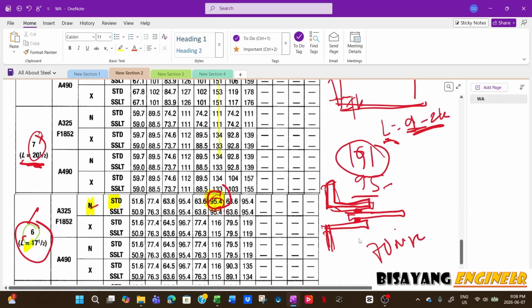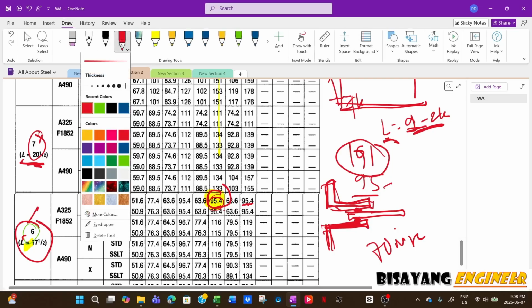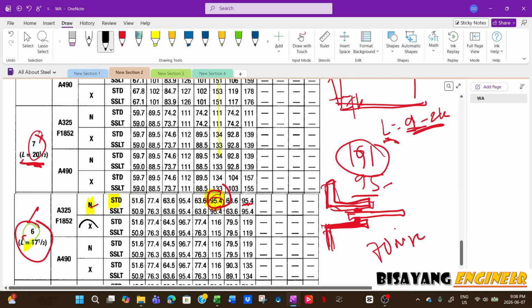Because like here, if you use single plate, even if you increase the thickness of the plate, it doesn't really matter. Unless here. If you are to use the single shear plate, if you notice here, for the shear plane excluded, the capacity is 116.